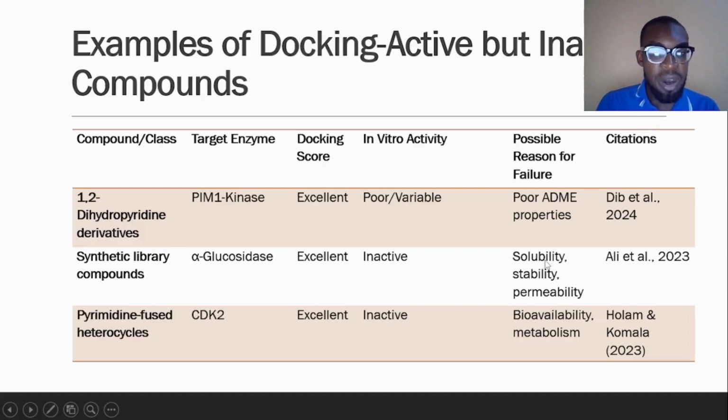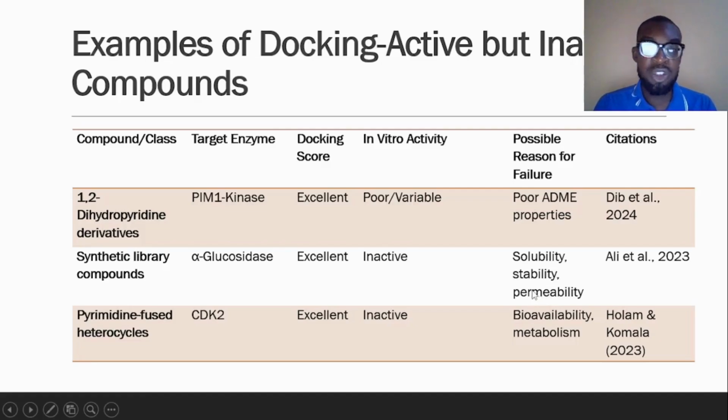Are those compounds soluble? Will they be soluble in the environment they will be working with? Are they stable once they get into the bodies of living things or in the body of humans? Will they not degrade before getting to the active site? These are questions you should ask. Also, are they permeable?